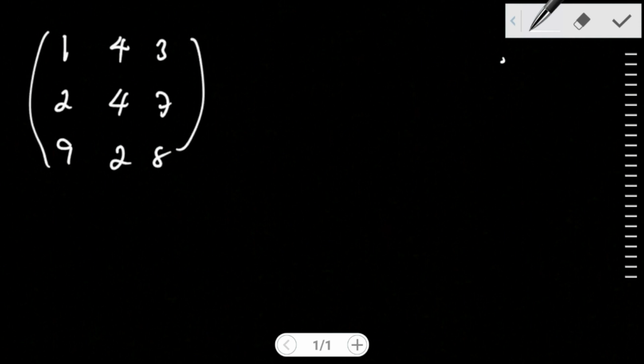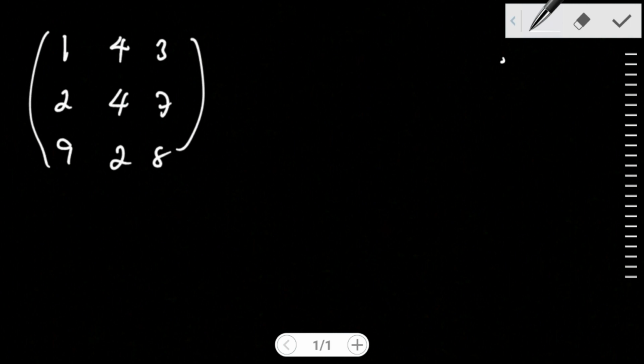If I have 1 4 3, 2 4 7, and 9 2 8, this is my 3 by 3 matrix. To determine the inverse of this, first we need the determinant of a 3 by 3 matrix.